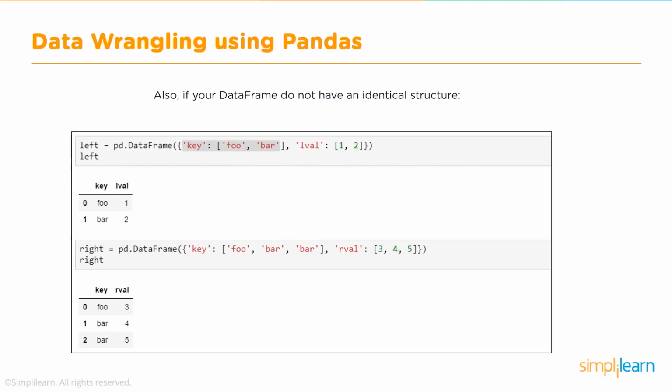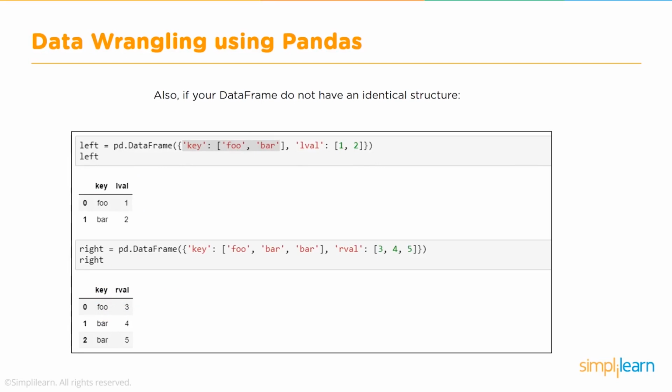If the structure is not identical, then what will happen? Let's say we have these two data frames. One has a column by the name key, and the second column is lval, and a second data frame has a column by the name key, but the second column is named rval, not lval. So you see here the structure is not identical.